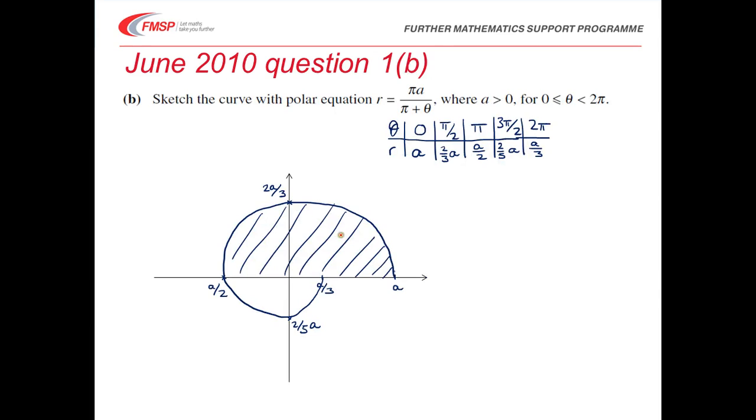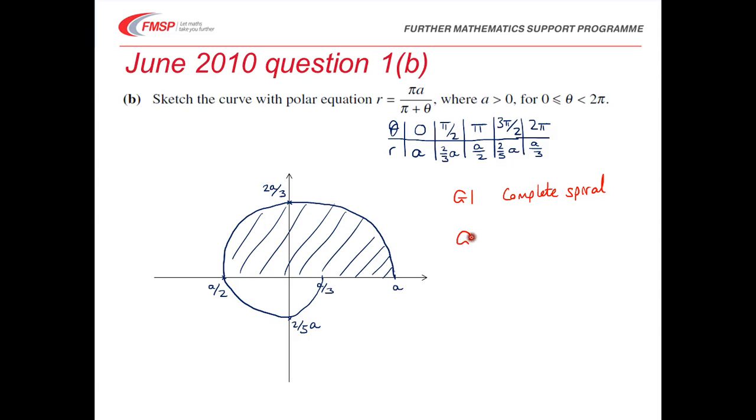For the polar coordinates question, there is 1 mark for a complete spiral, and that complete spiral does need to note that the value for 2 pi is smaller than the value for 0.